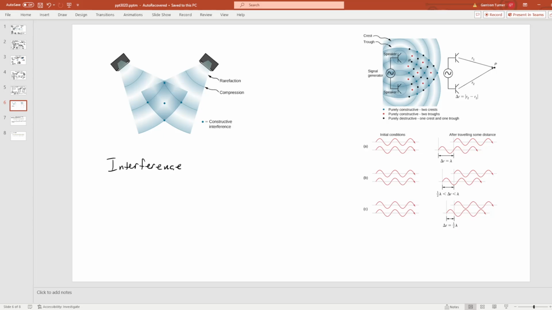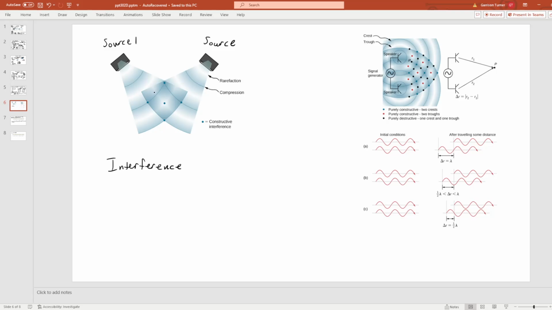But the idea is that if I have two sound wave sources, let's call this source 1 and this source 2, then we can again think of the sound waves as these pressure waves coming out, and our dark blue lines represent our compressions and our white lines represent our rarefactions.